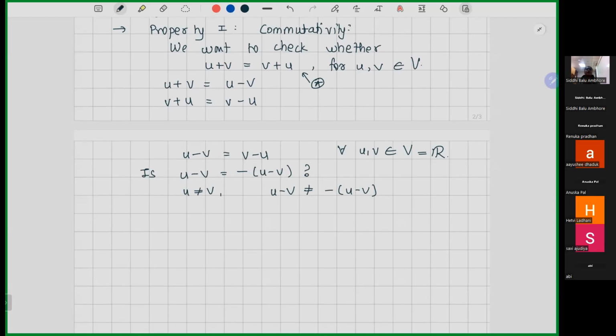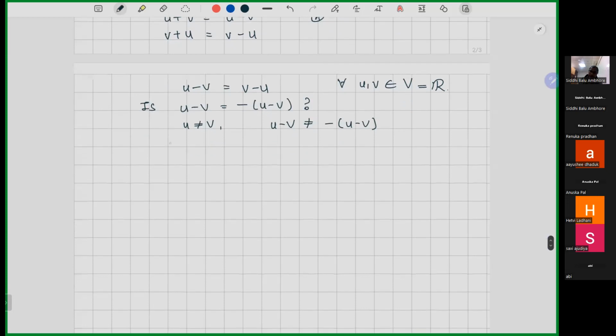So that means the addition which we have defined on V is not commutative.